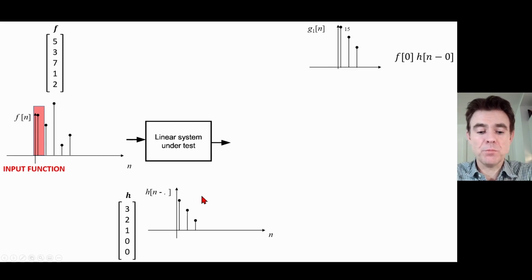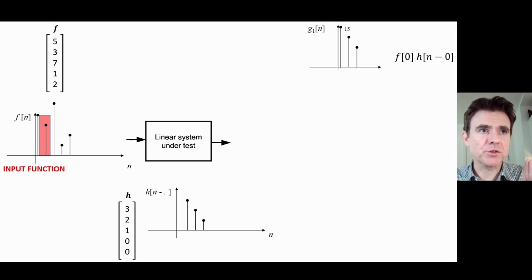Okay, so impulse input gives a response function. If we now have 5 times the height of that impulse, then we correspondingly get 5 times the height of the response function. So that's f of 0 as the scale factor or amplitude or coefficient of the response function h of n. And I've just put in here the fact that it's not shifted. So minus 0 just means it's just h of n. It's not shifted at all. The response is just from the origin.